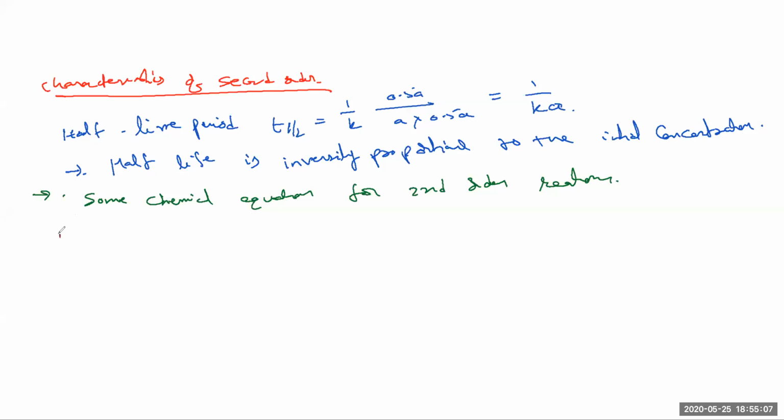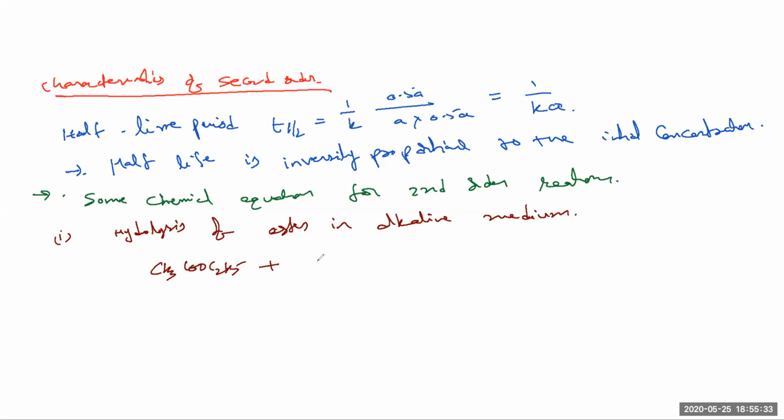First one is hydrolysis of ester in alkaline medium. So what is the equation? CH3COOC2H5 plus NaOH gives rise to CH3COONa, sodium acetate, and ethyl alcohol. So it is second order.